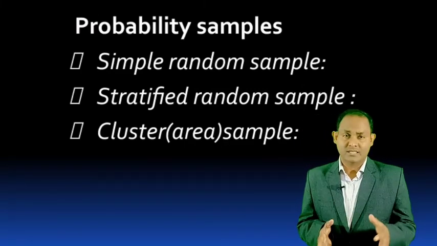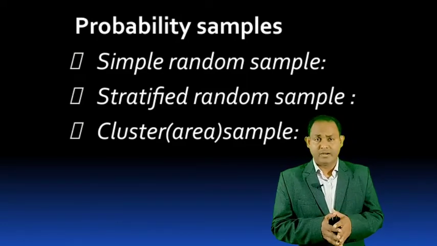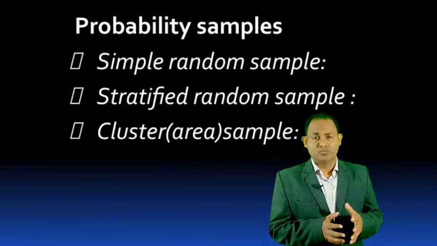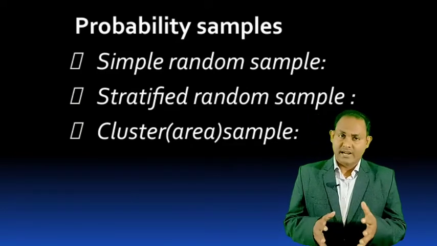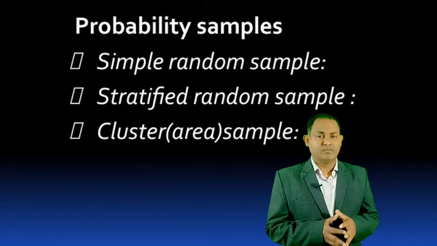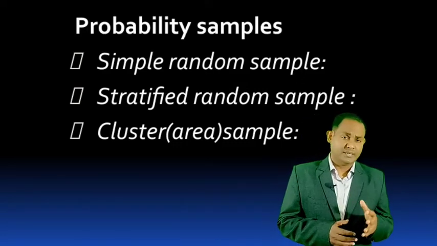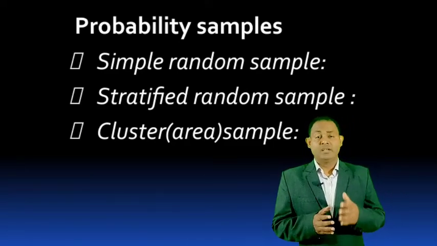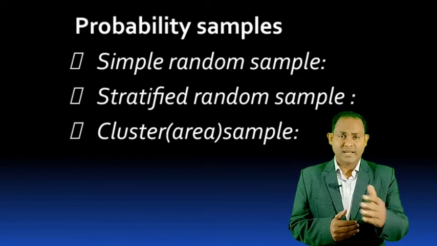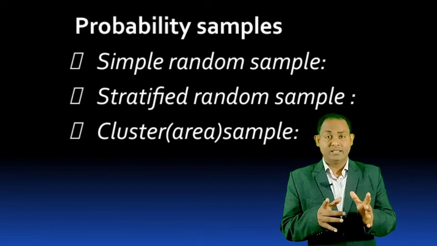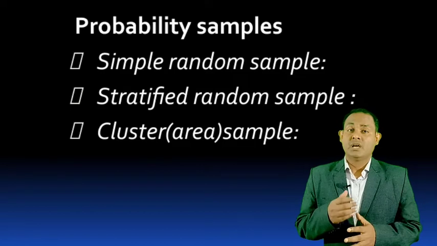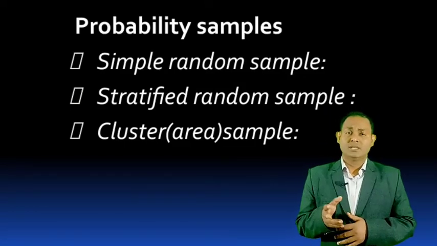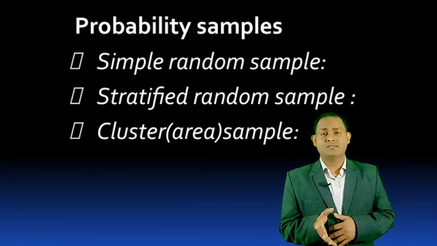In simple random sampling, every member of the population has a known and equal chance of being selected. In stratified random sampling, the population is divided into mutually exclusive groups, such as age groups, and random samples are drawn from each group. In cluster sampling, the population is divided into mutually exclusive groups, such as blocks, and the researcher draws a sample of the groups to interview.